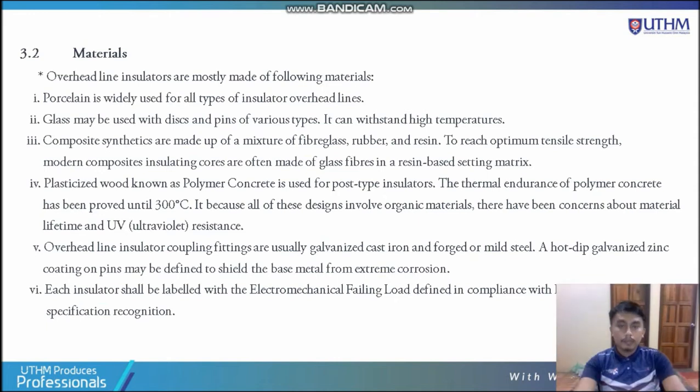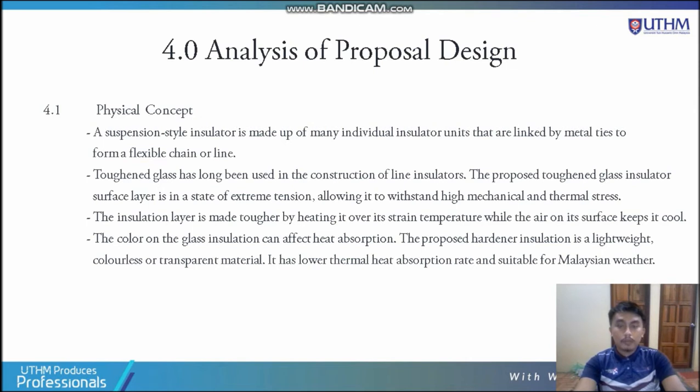Okay, next we go to analyze of proposal design. In 4.1 is about the physical concept. A suspension style insulator is made up of many individual insulator units that are linked by metal ties to form a flexible chain or line. And second is toughened glass has long been used in the construction of the line insulator.